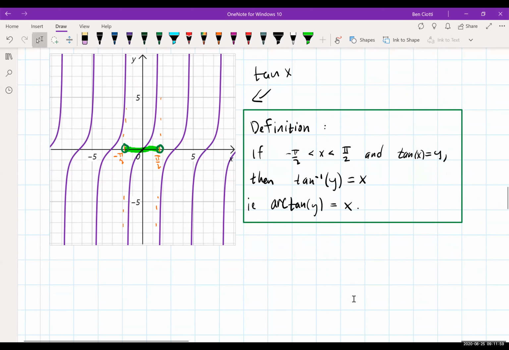So again, we can't include the endpoints of the interval at pi over 2 and negative pi over 2 because tangent is undefined at those points.